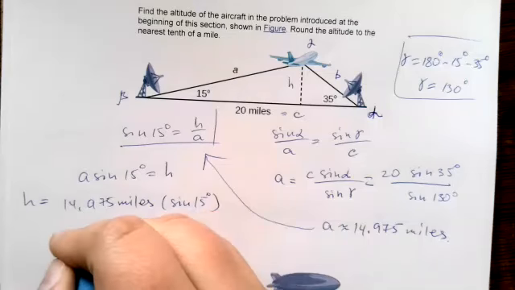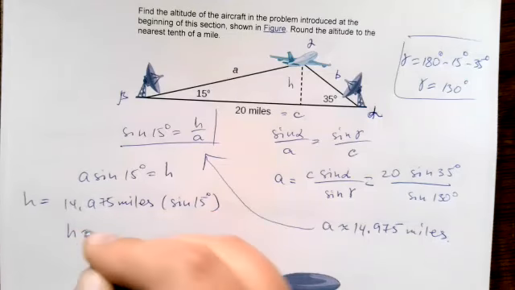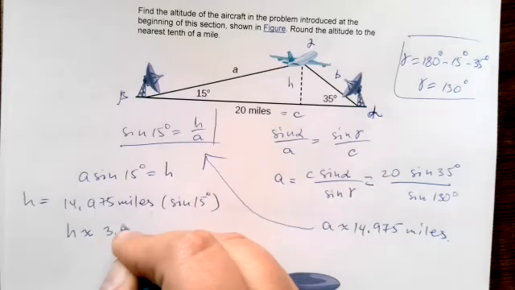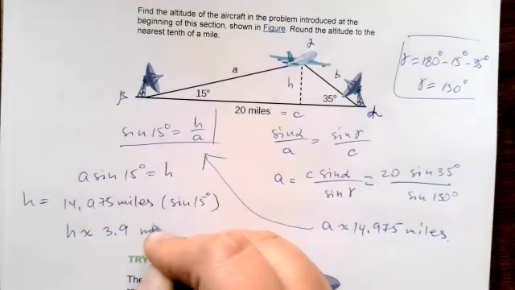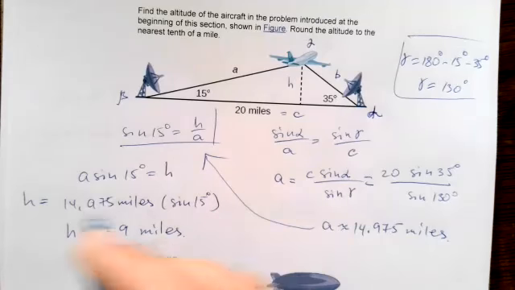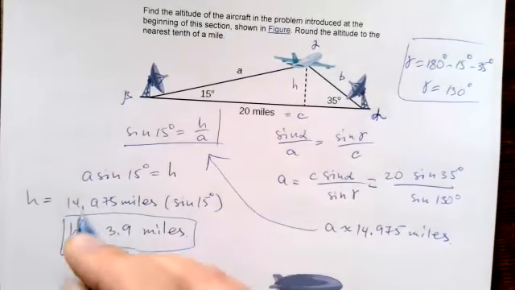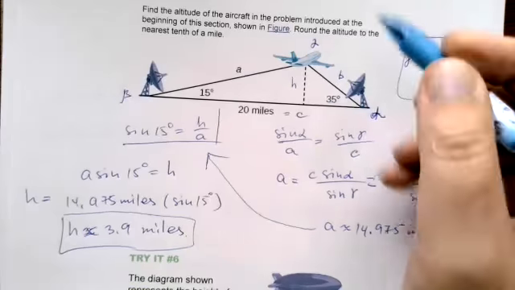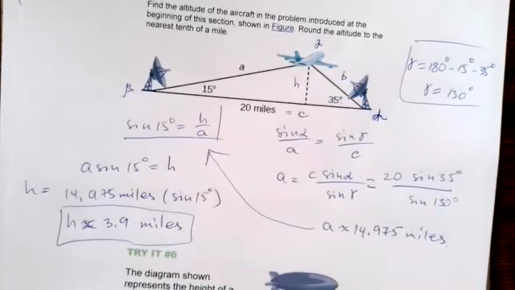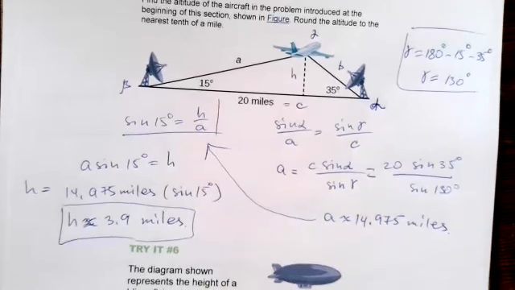And what I'm getting is H is approximately 3.9 miles. All right, and that's going to be my answer. So the height at which the plane is flying is 3.9 miles.